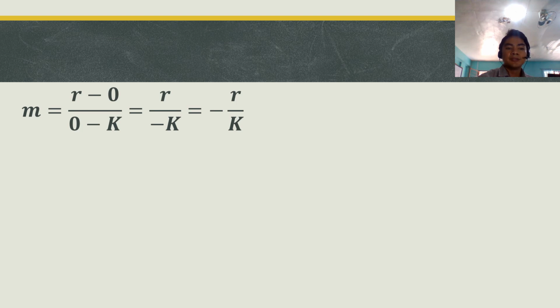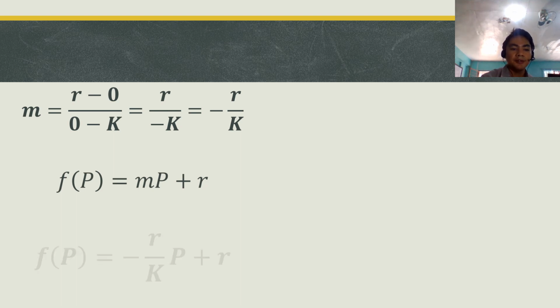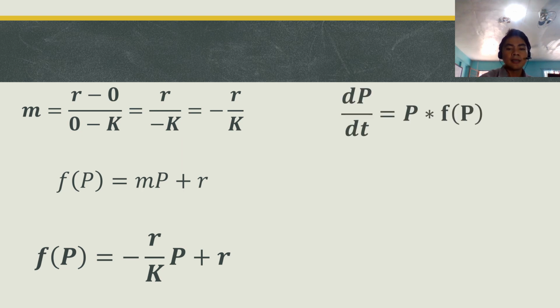So let's substitute everything. We have m equals r minus 0 all over 0 minus K, which is equal to r over negative K. Therefore, we have a slope of negative r over K. Now let's substitute in this function: f of P is equal to negative r over K times P plus r.